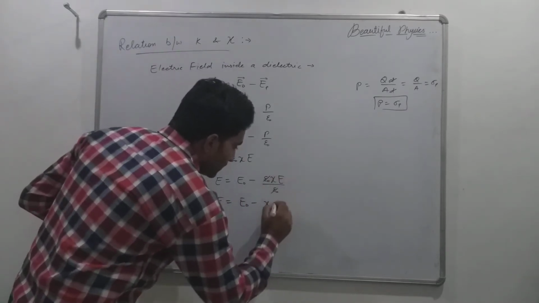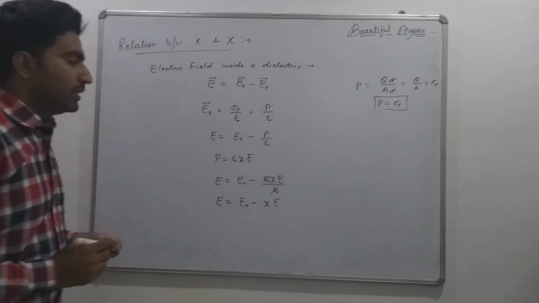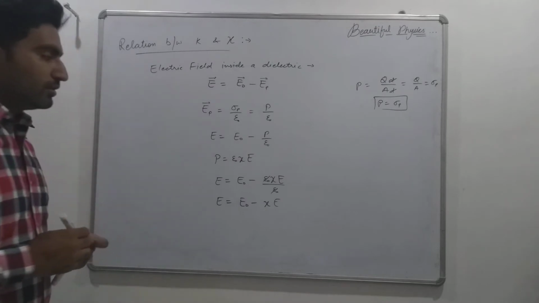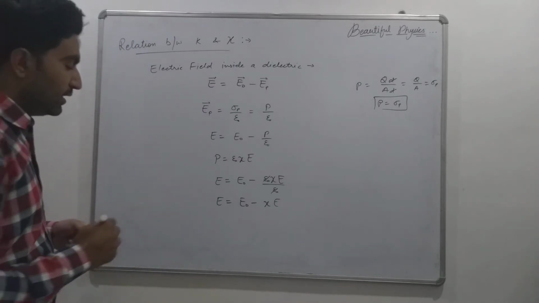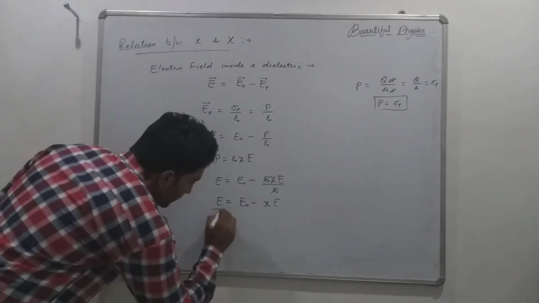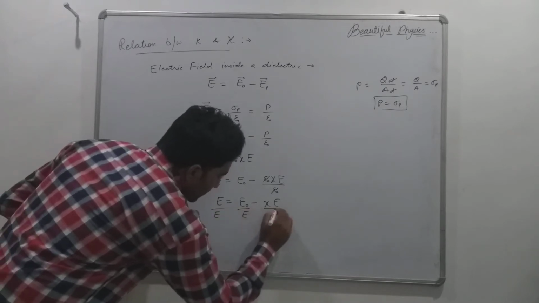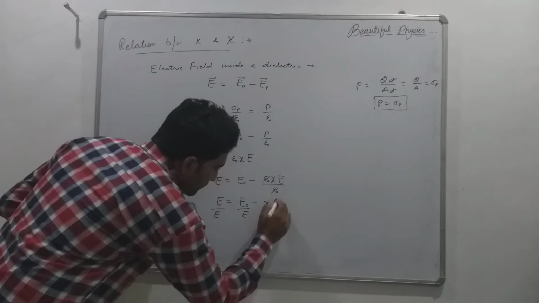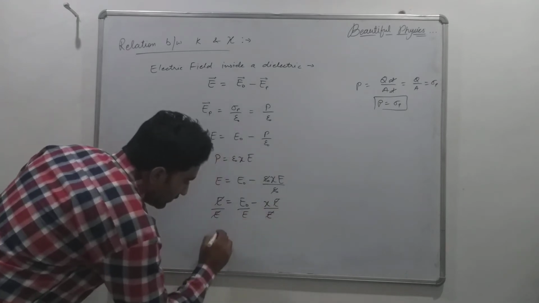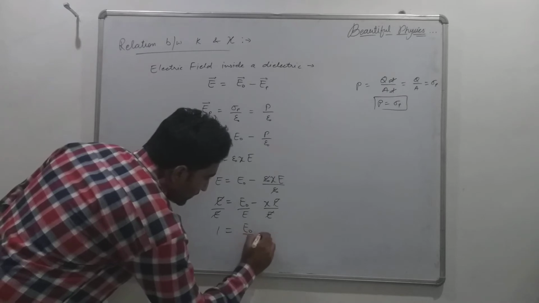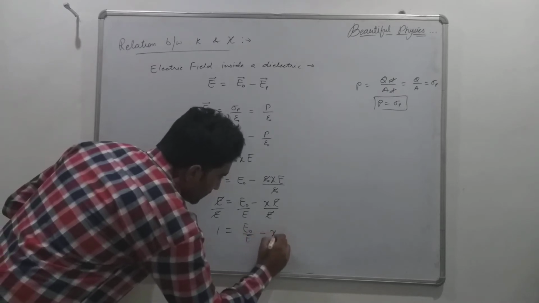This is our electric field E. Dividing both sides of this equation by E, E cancels out, and we have 1 is equal to E naught by E minus chi.